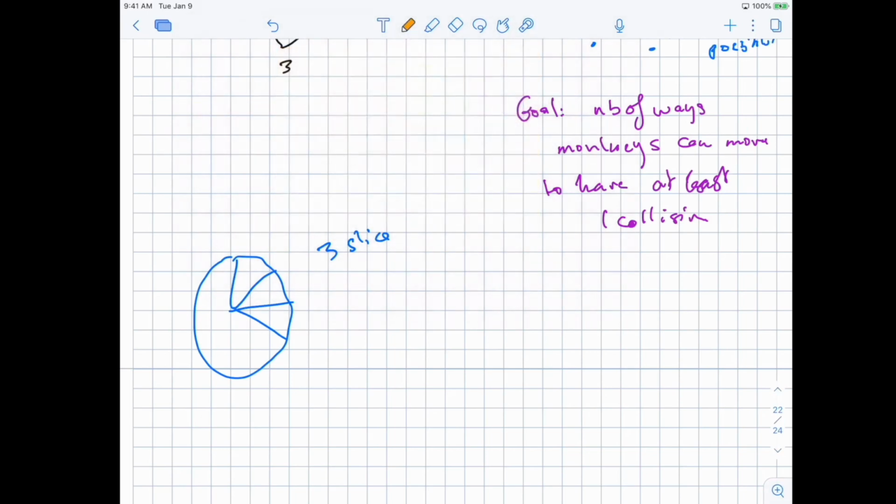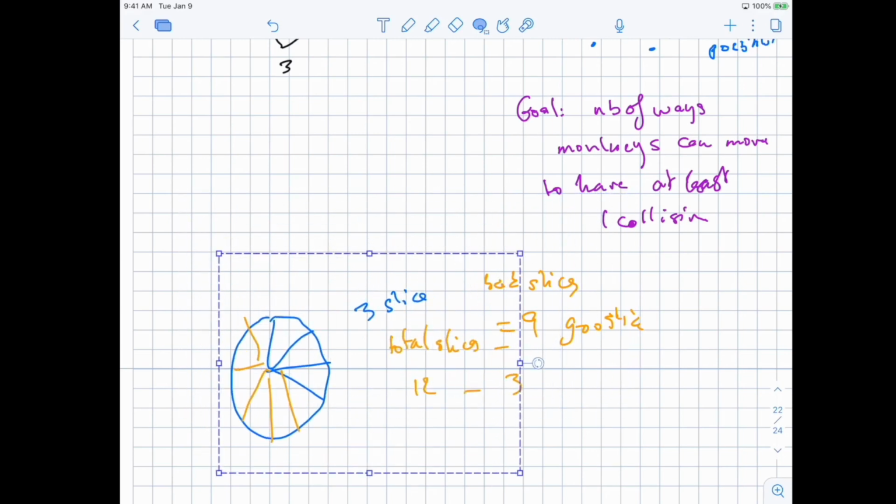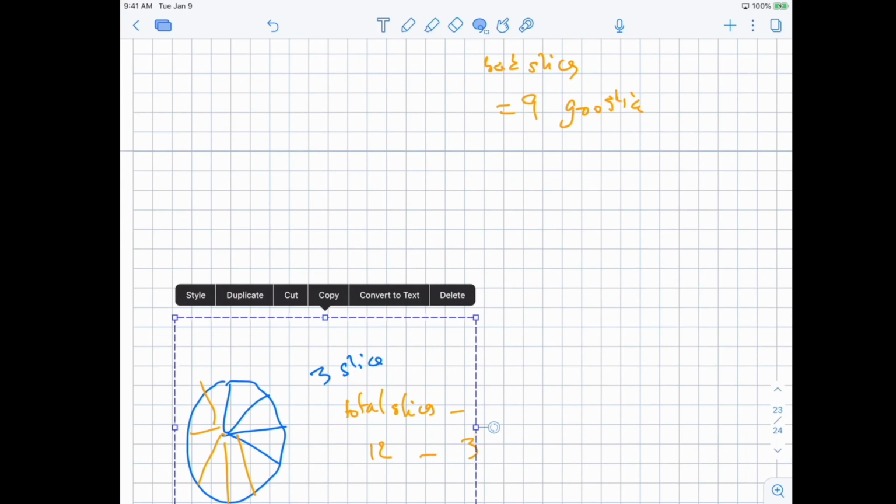Well, you just need to find the total number of slices, and then you need to subtract the bad slices, right? So let's say we are told there are 12 total slices. We just subtract 3 and we get that there are 9 good slices. Okay, so that's the concept that we will use here, which is pretty self-evident.